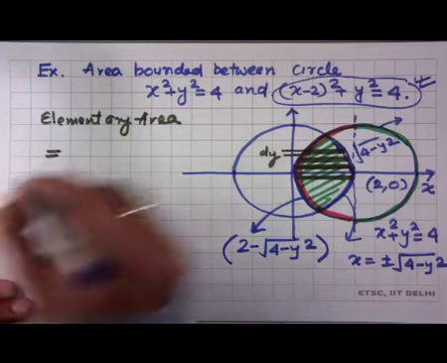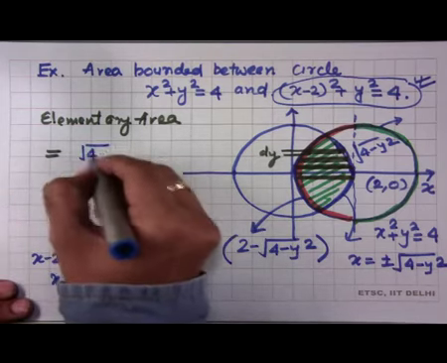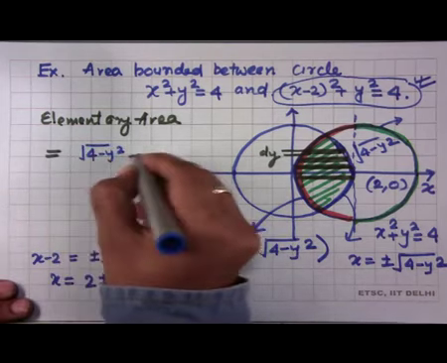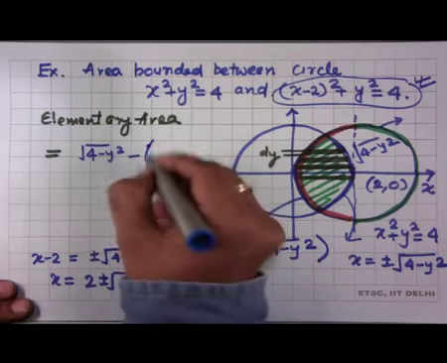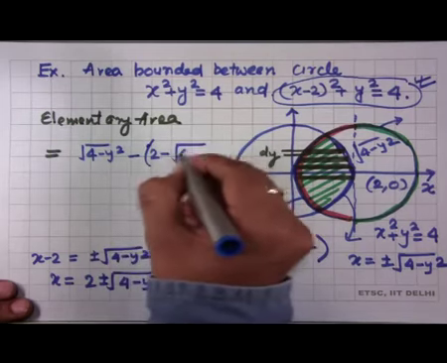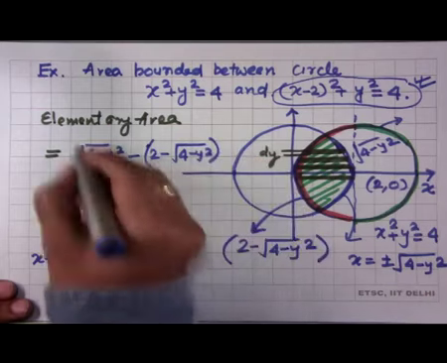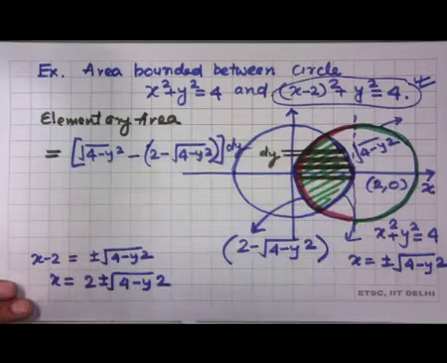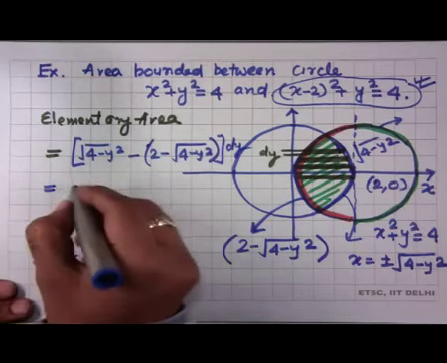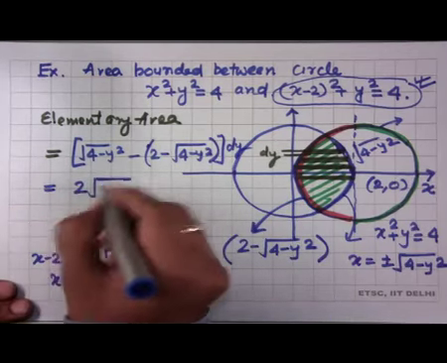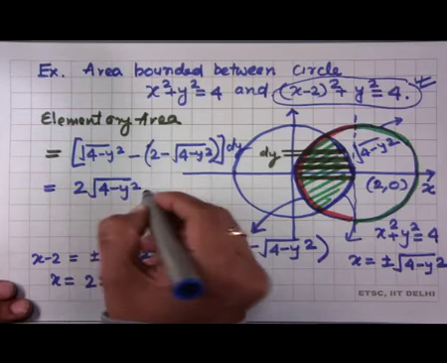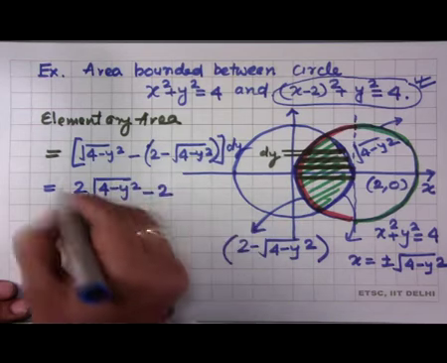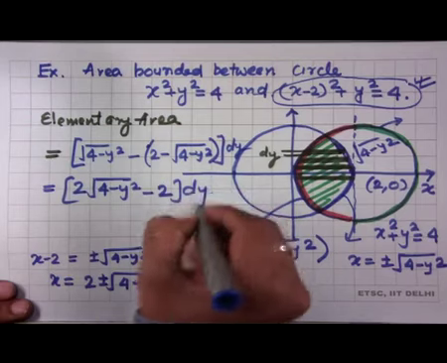So, that is under root 4 minus y square minus 2 minus under root 4 minus y square into dy, which is equal to twice of under root 4 minus y square minus 2 dy.